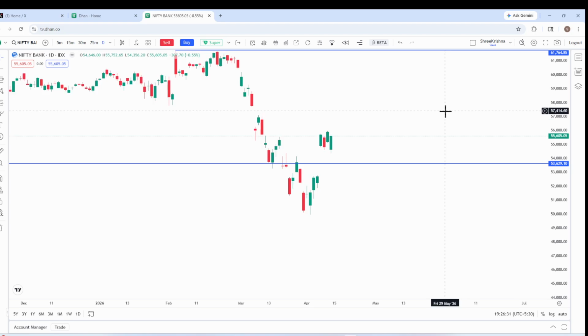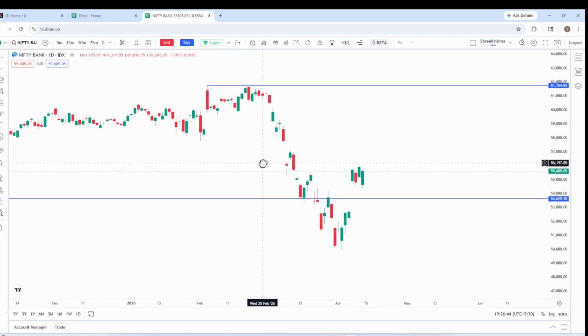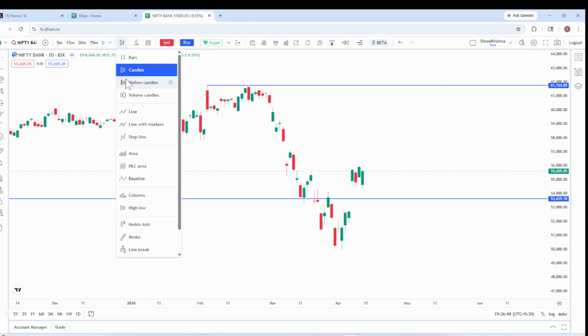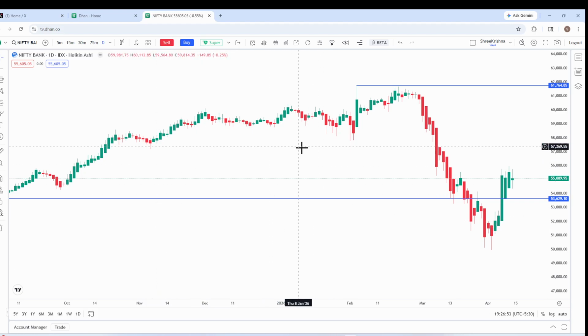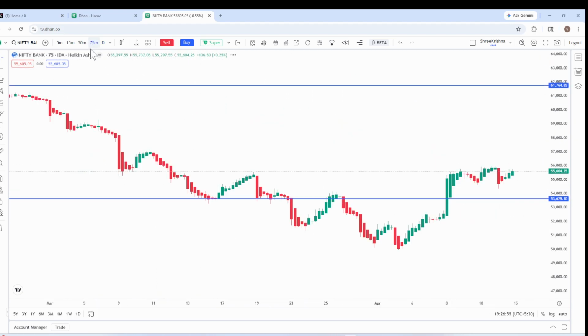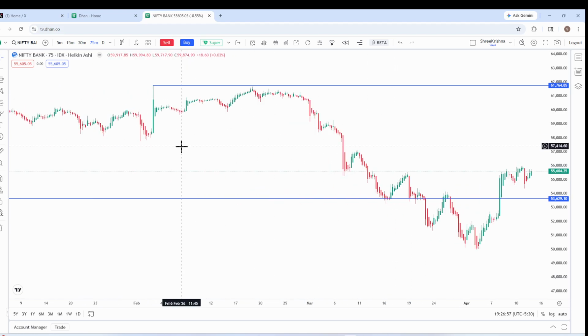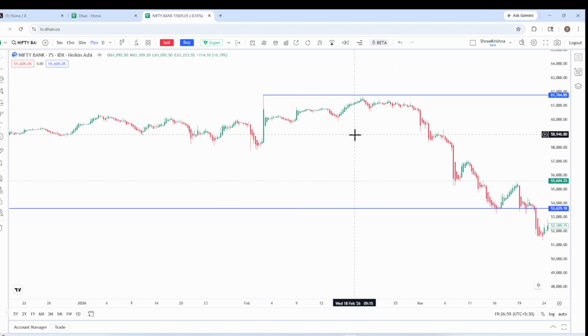Okay. So now the question comes, how do we take this explanation into a realistic approach? To remove the complexity, we can go for the Heikin-Ashi, an average candle. Then to remove the complexity again, we can go for the lower trend.